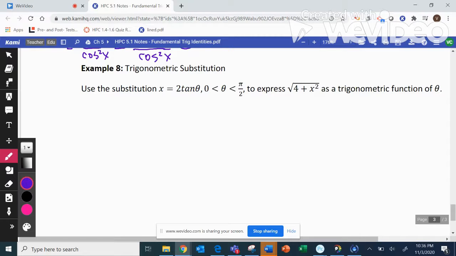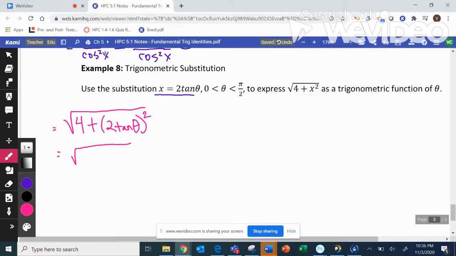So if we let x equal 2 tangent theta, what we're going to have is the square root of 4 plus (2 tangent theta) squared. And that's going to give me the square root of 4 plus 4 tangent squared theta. I can pull the 4 out by factoring.